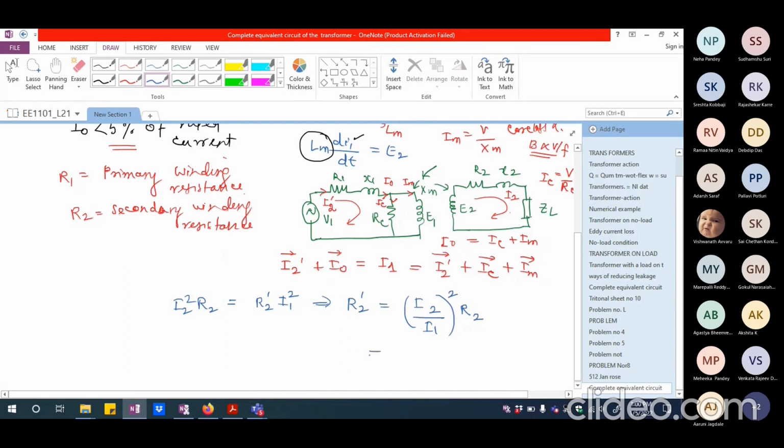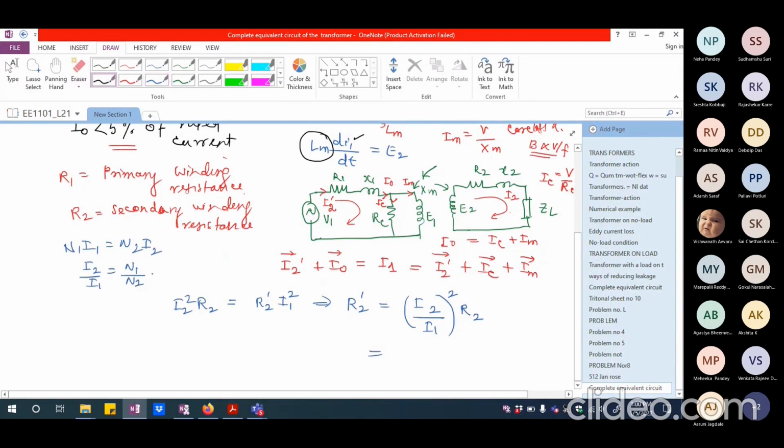But what is the actual secondary winding resistance seen from the primary side? Okay. Now, this I2 by I1, we wrote N1 I1 equal to N2 I2. This was the ampere turn balance we talked about. So I can say very clearly I2 divided by I1 equal to N1 divided by N2.